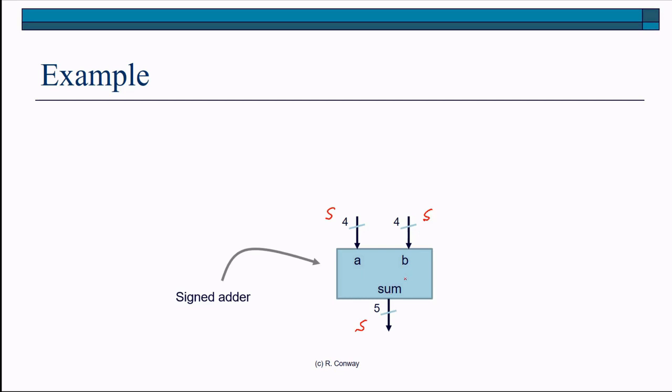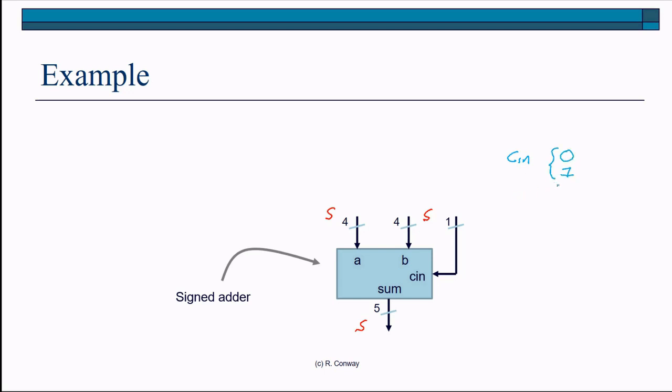A common requirement when building arithmetic circuits is that we often have a carry-in, an extra bit that we need to include in our adder. And this is a 1-bit value. The carry-in value can be either 0 or 1.